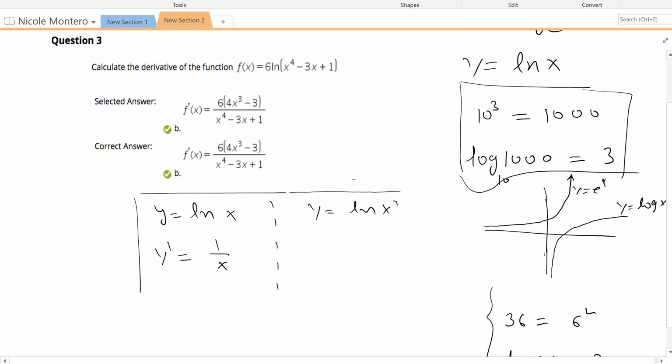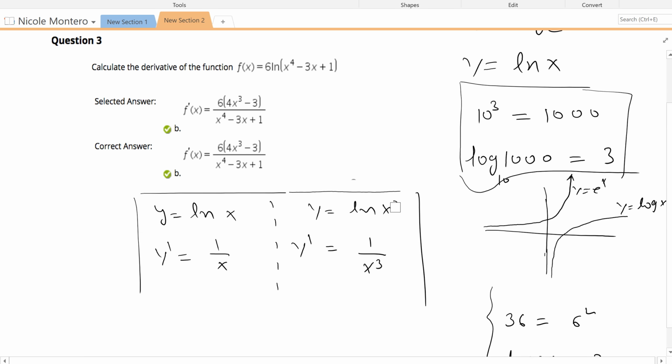Ln of x cubed. So the first step is pretty same. Whenever you see ln, you just do 1 over whatever you have there, write it down here. Okay. So that's the first step. Here we have x, so we write x down here, and then we do the derivative of x, which is 1. So you can write 1 there if you want, but 1 times 1 is going to be 1, so there's no need of doing that.